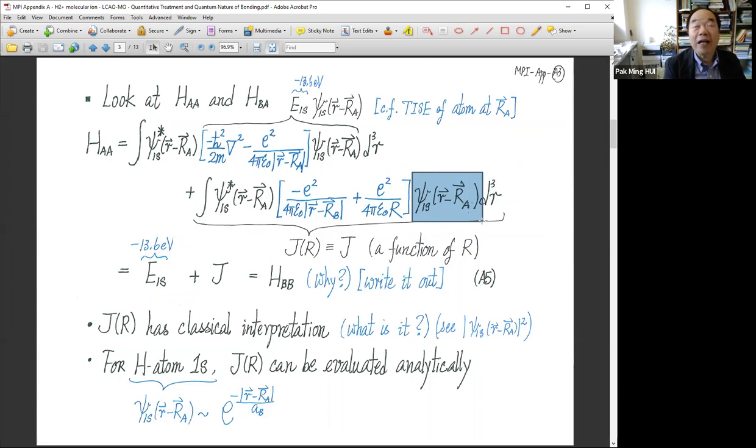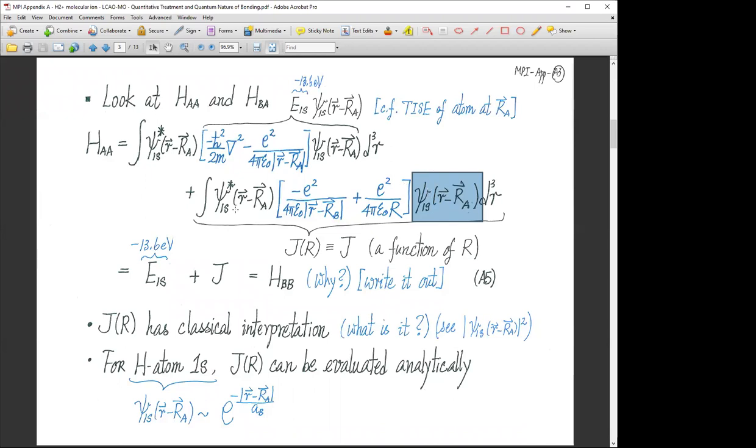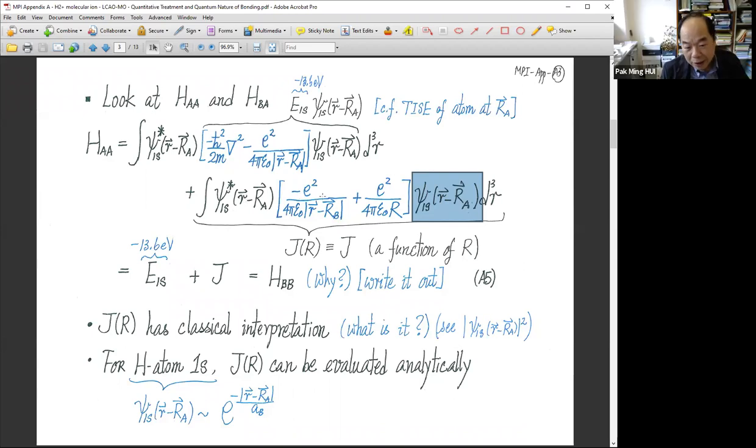Therefore, it has a classical physics interpretation, right? This is the probability of the electron residing on the left. And when it sees the nucleus on the right, there will be some attractive energy. And this is the first term.